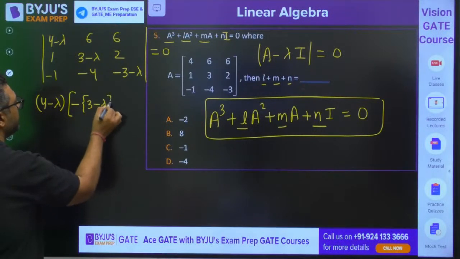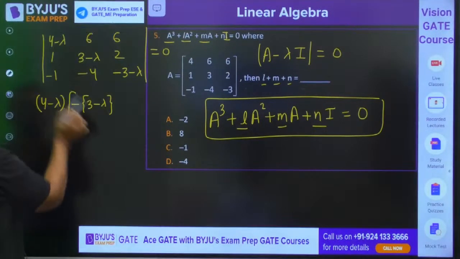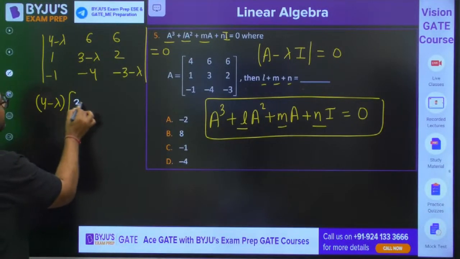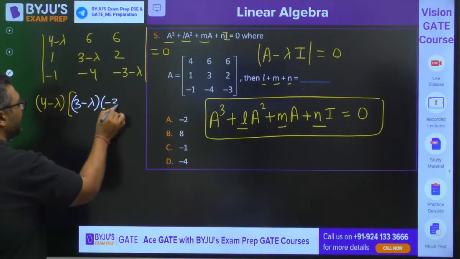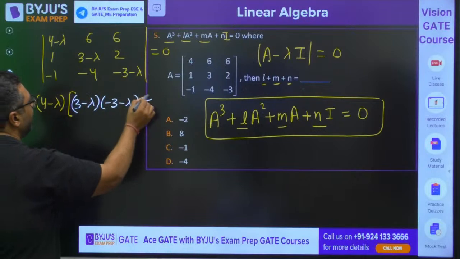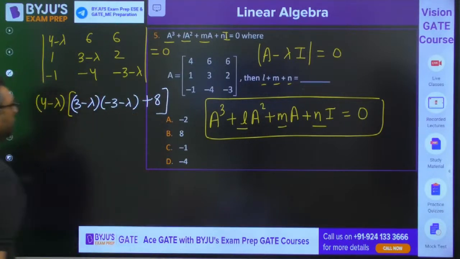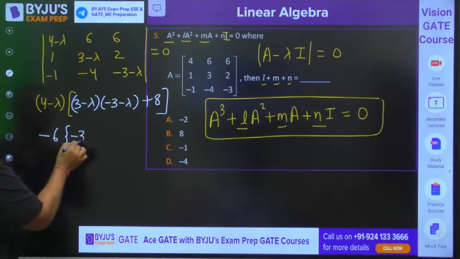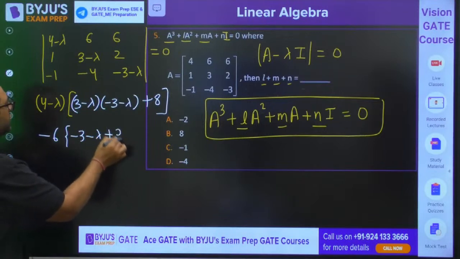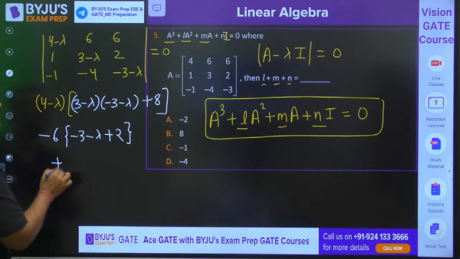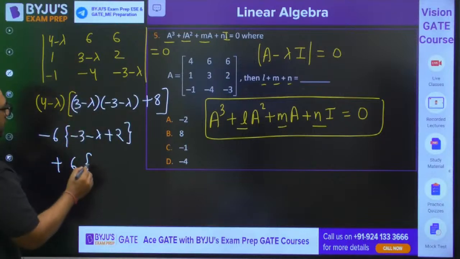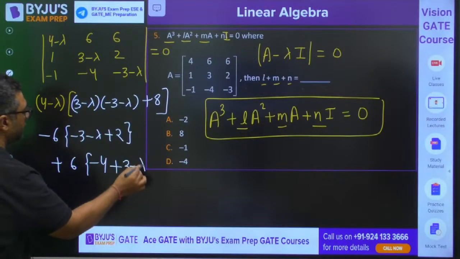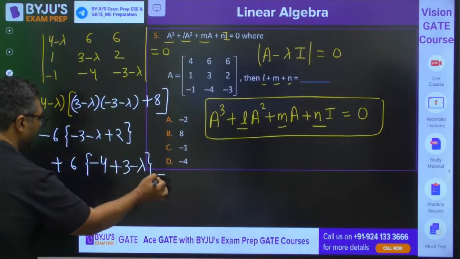Let me make it clear, otherwise there will be confusion. So it is 3 minus lambda into minus 3 minus lambda plus 8. Then when you take this, minus 6, minus 3 minus lambda plus 2. Then plus 6, minus 4, plus 3 minus lambda, equating it to 0.